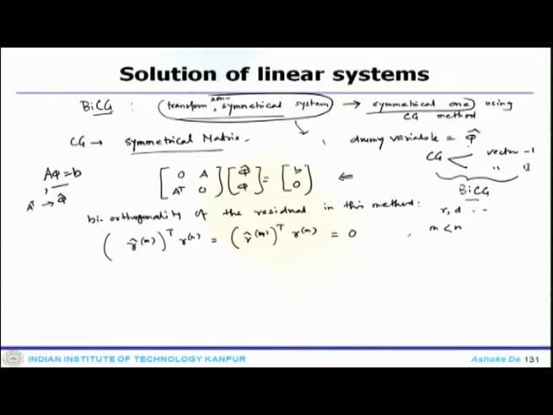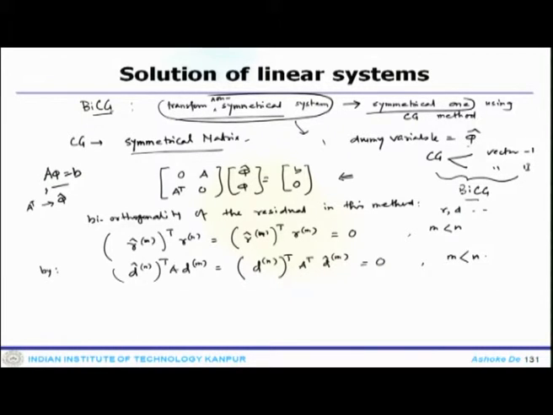The biconjugacy of the search directions is fulfilled by the equation d hat n transpose A d m equals d n transpose A transpose d hat m, which is again 0, where m is less than n.